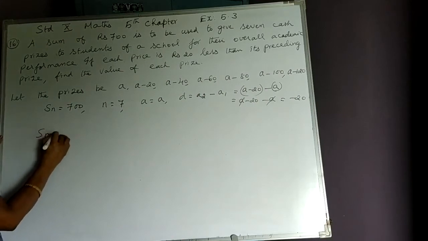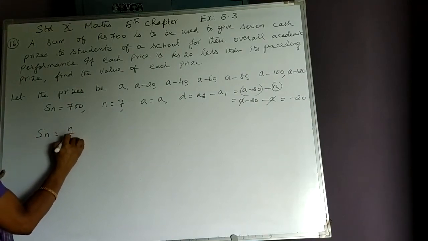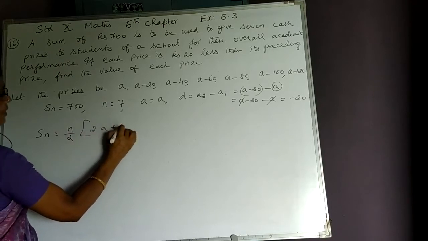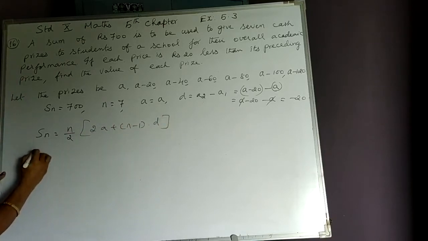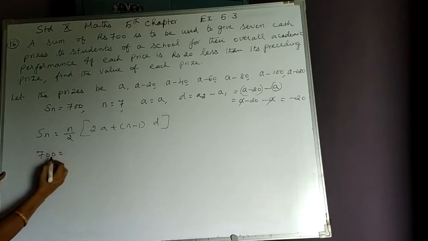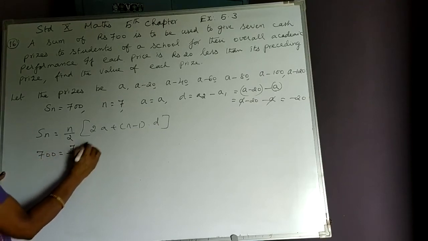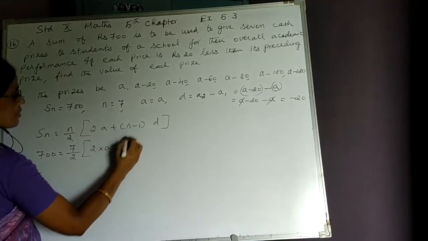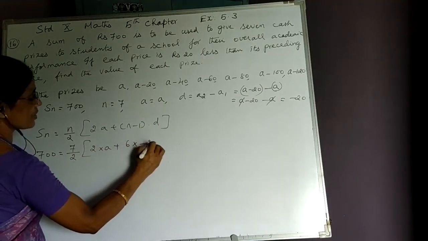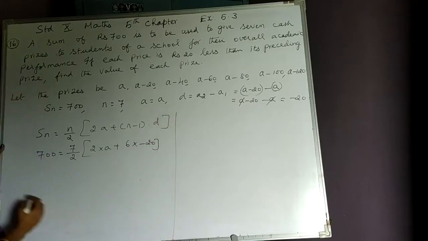Therefore, we are going to use the Sn formula, which is n upon 2 into 2a plus n minus 1 into d. Sn is 700, n is 7 upon 2, 2 into a, 2a, n minus 1 is 6, and d is minus 20.